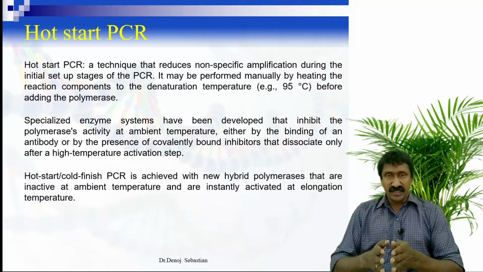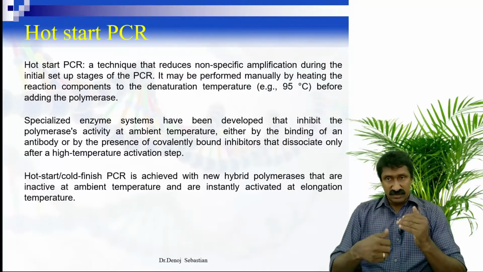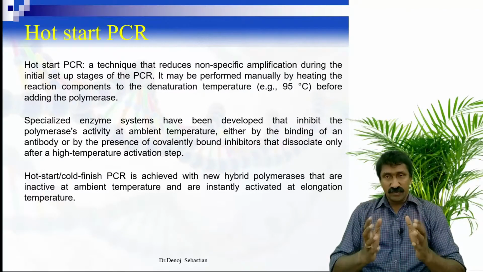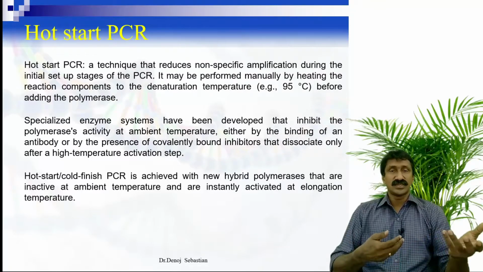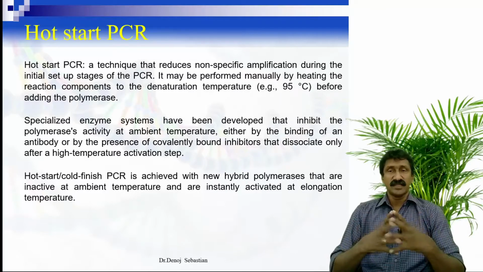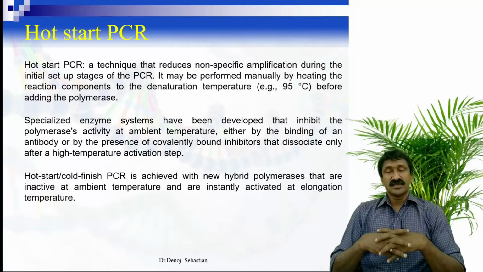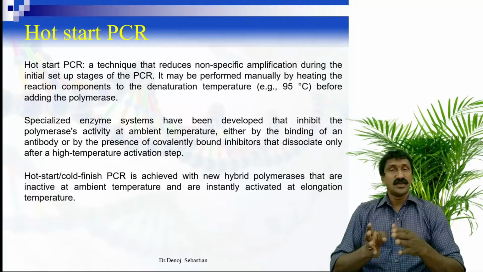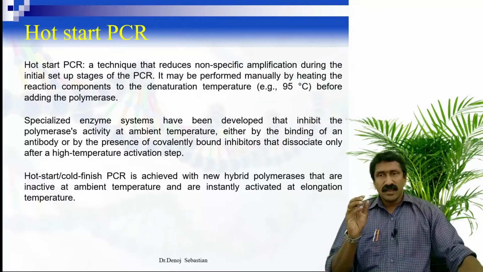If you want to prevent that non-specific amplification, then hot start PCR is the solution, which can be performed by heating the reactant mixture components to denaturation temperature, that's 95 degrees Celsius, before adding the polymerase. So the polymerase enzyme is added only after reaching the 95 degrees Celsius. Before that, you are not adding the polymerase. So non-specific amplification at lower temperatures will not occur.